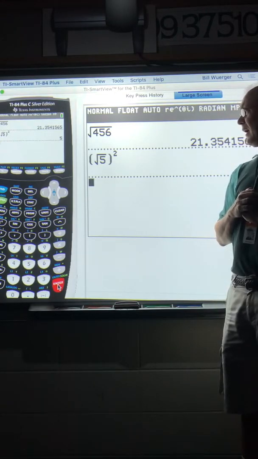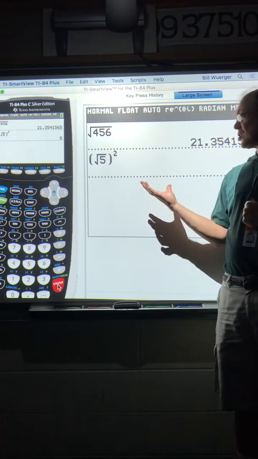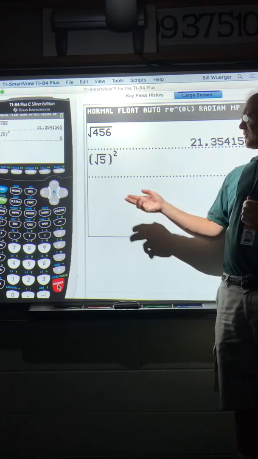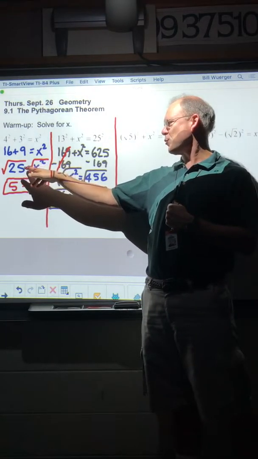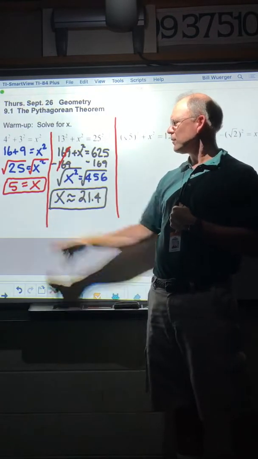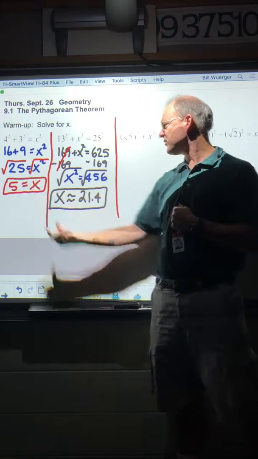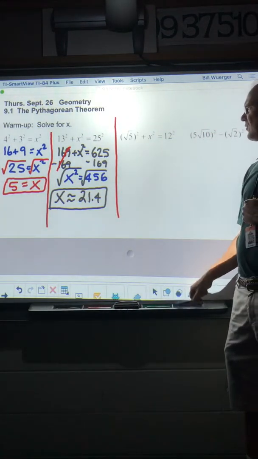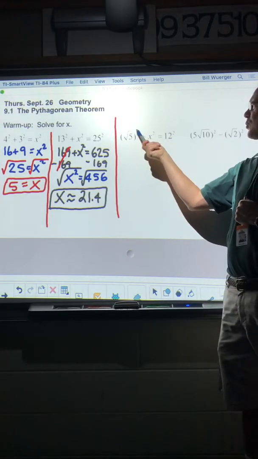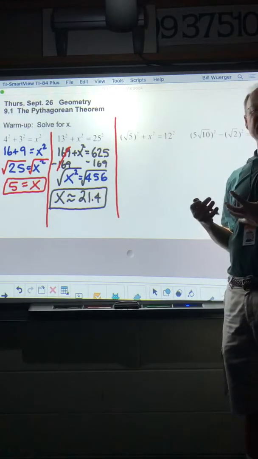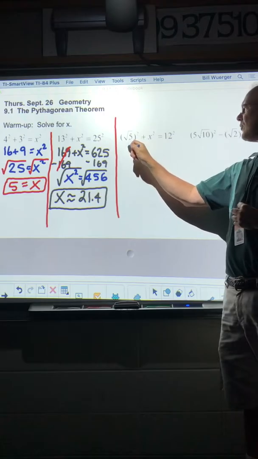Okay? And that shouldn't come as a huge surprise because we just saw this with x, right? When we take the square root of a square, the square and the square root cancel each other out, and we just get x. Okay, so that's the same thing that's happening here. The square root and the square are just canceling each other out. So you just get 5.